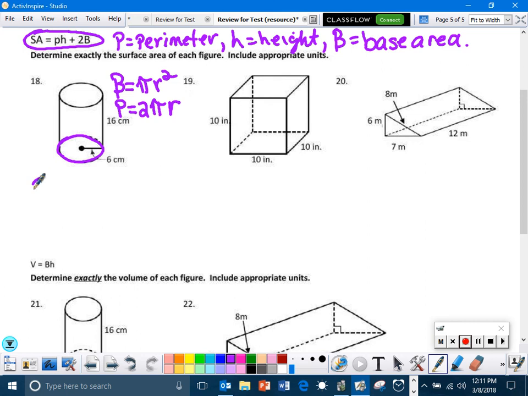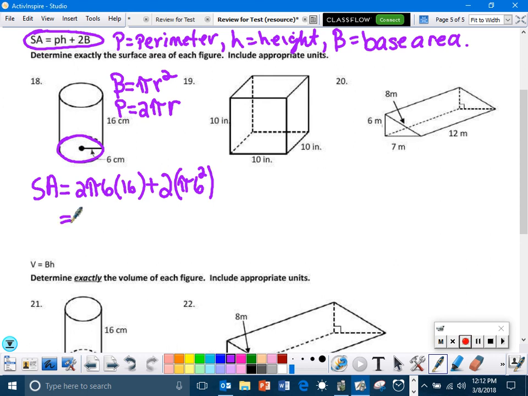All right, so here we go. So the surface area equals. So looking up here, the perimeter is 2 pi times the radius, which is 6, times, I'll put that one in parentheses, the height, which is 16, plus 2 times the base area, I'm going to put that in parentheses, which is pi, times the radius, 6 squared.